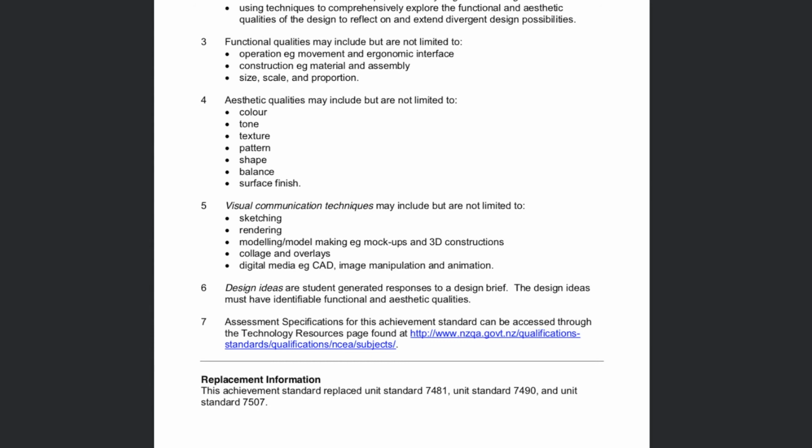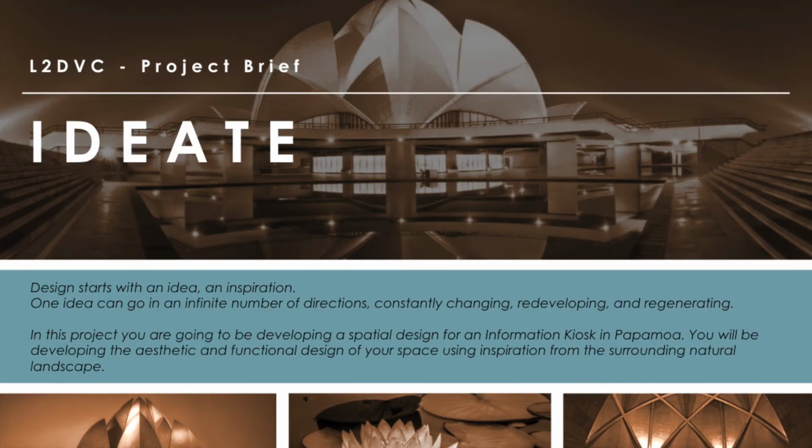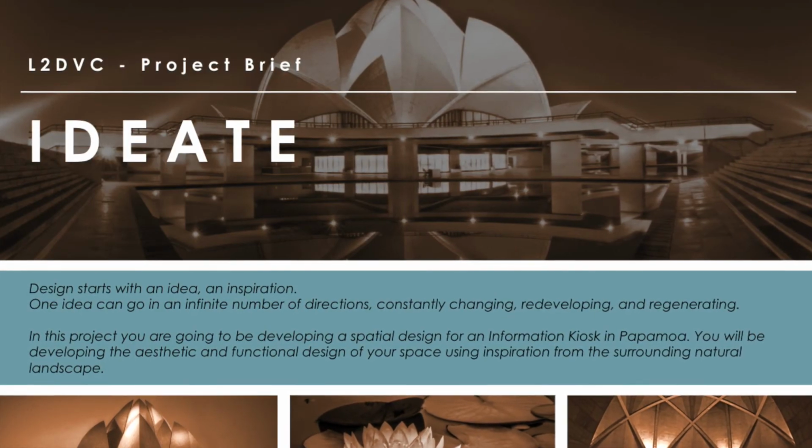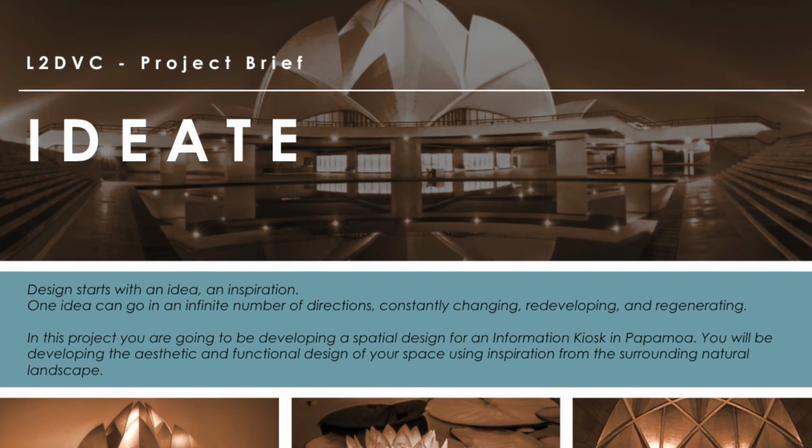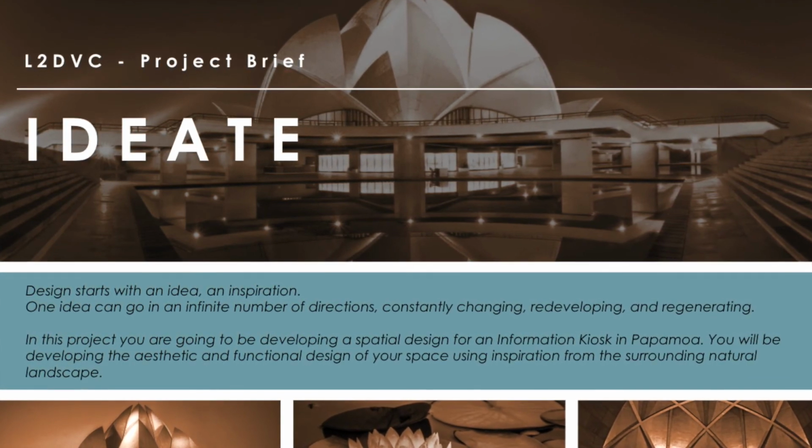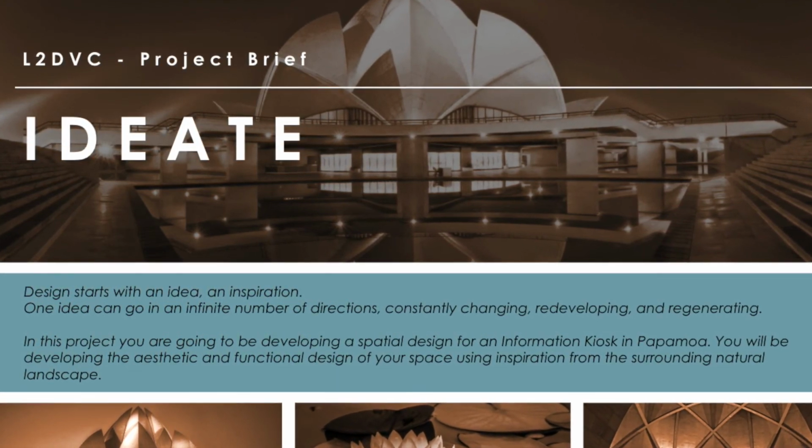Some of the visual communication techniques that we're going to explore will include sketching, rendering, model making, and CAD and digital design. So all information for this assessment and for this project will be updated in the brief document. This will be updated as we work through the project, so please keep revisiting this throughout the term.